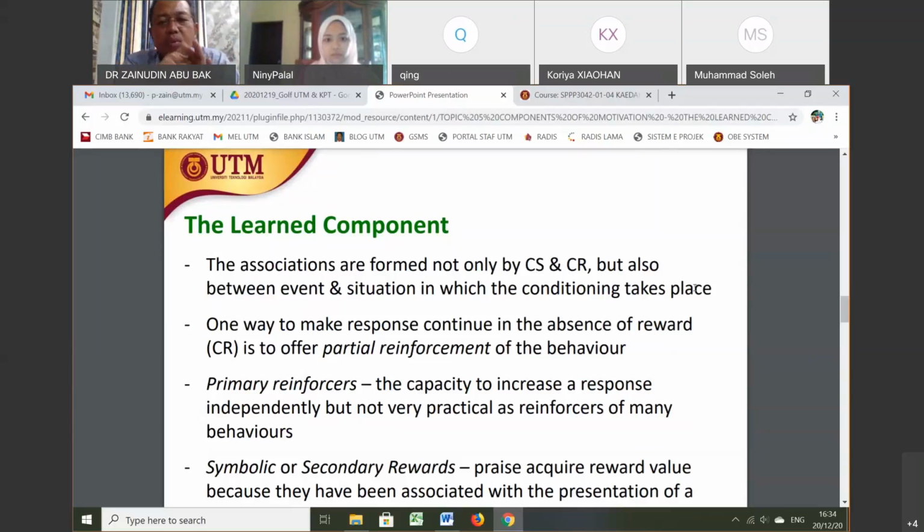CS and CR is a more direct connection, where we intentionally create that connection. We expect that by doing this, they will respond in this way. But at the same time, we shouldn't ignore the power of unconditioned.